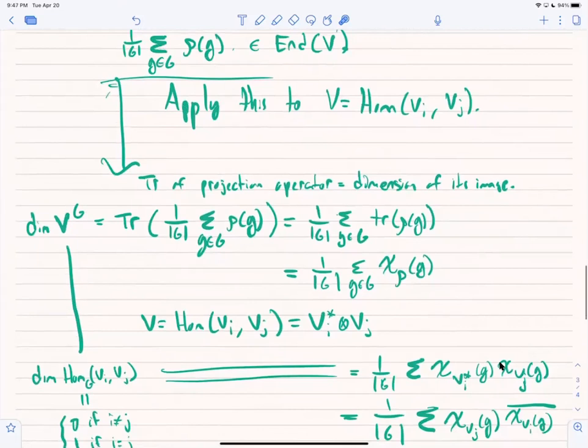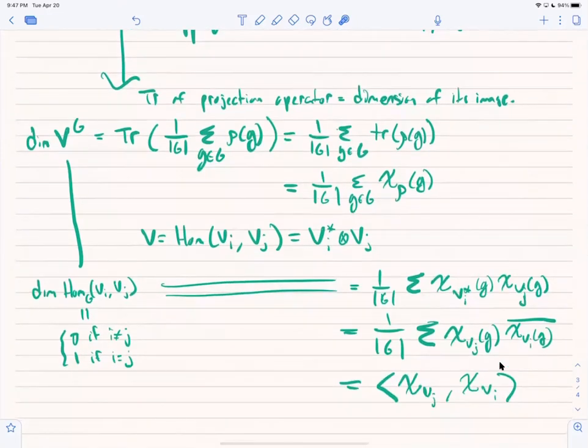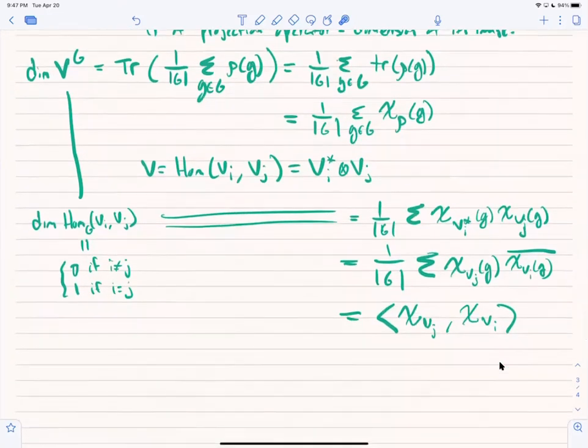We get that the dimension of the G invariants in any representation is the sum of the traces of the elements. Yeah, and by the way, this is something we also saw in the examples of representations coming from G-sets in the exercise session, this identity. So this is true more generally.